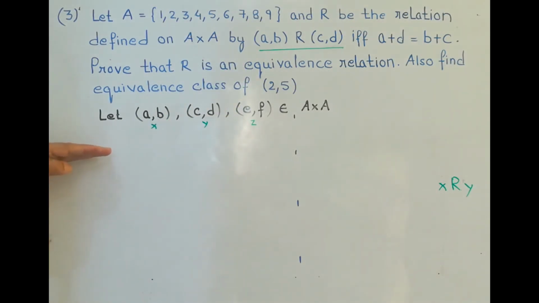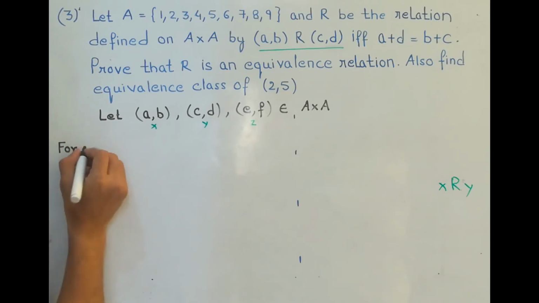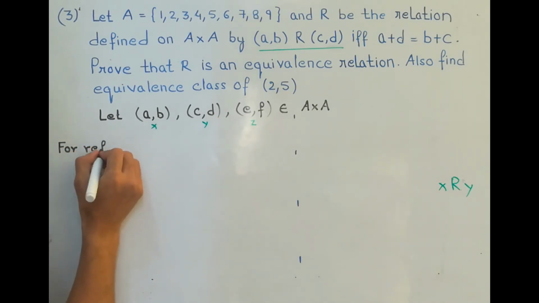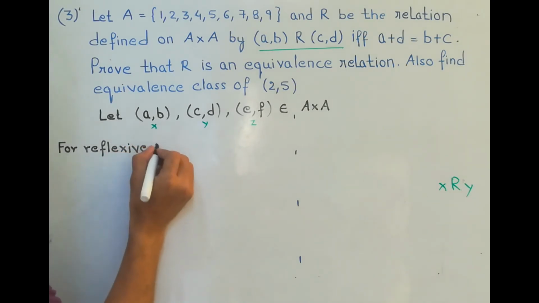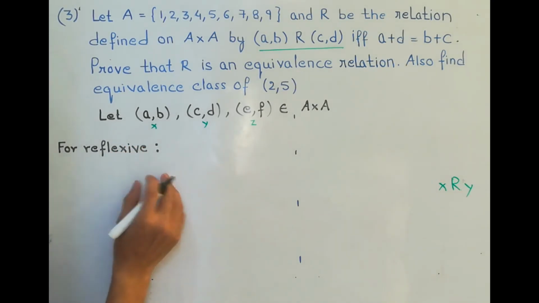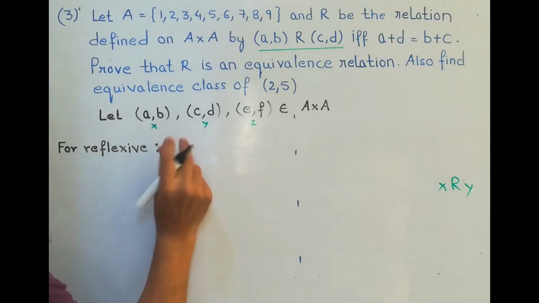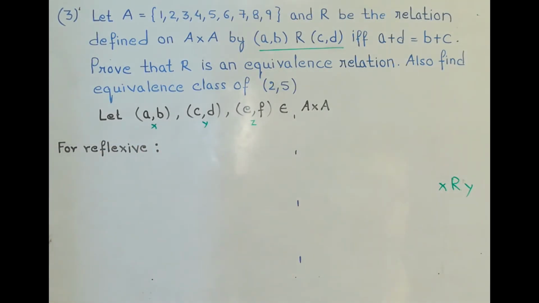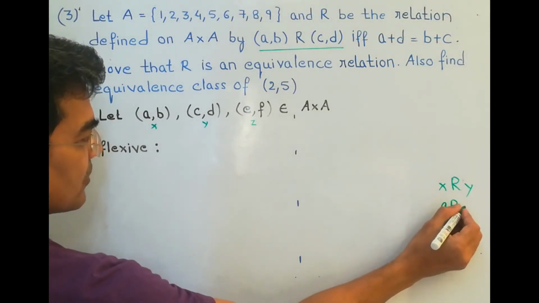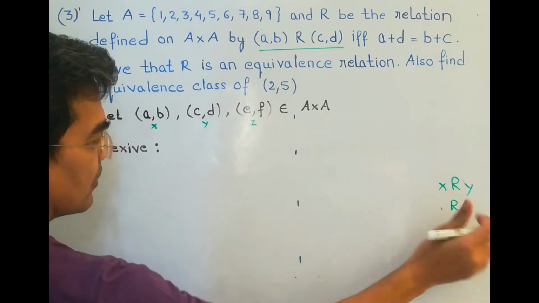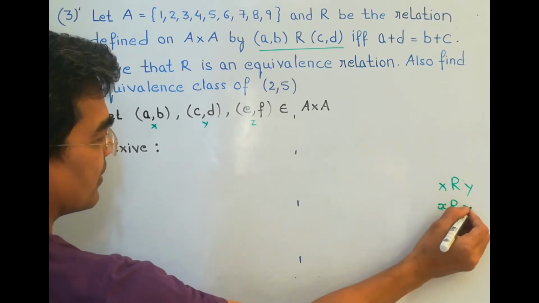So first we will prove it to be reflexive, then symmetric and then transitive. For reflexive, we know the relation is x related to x.